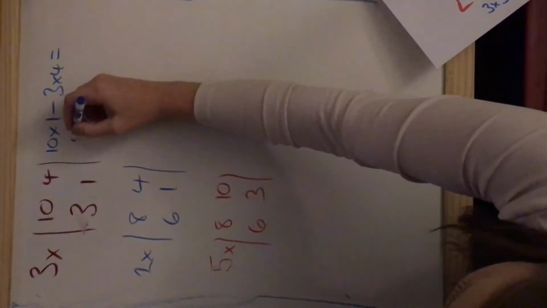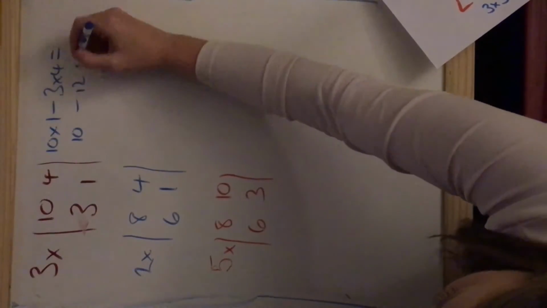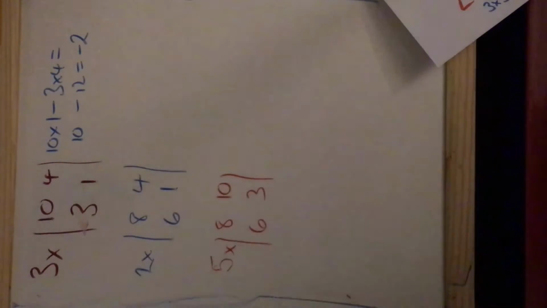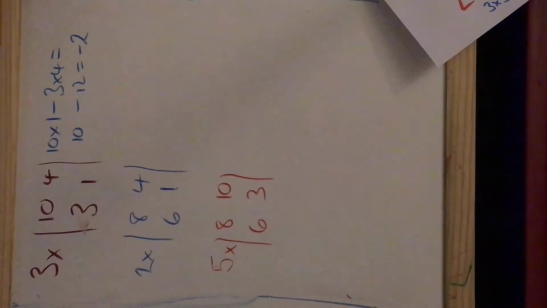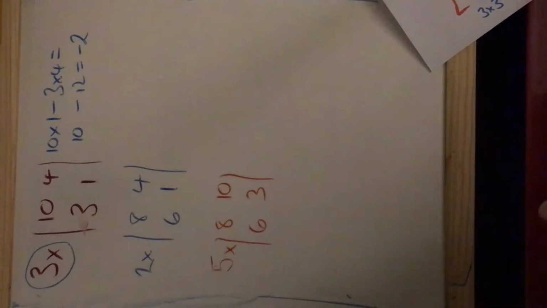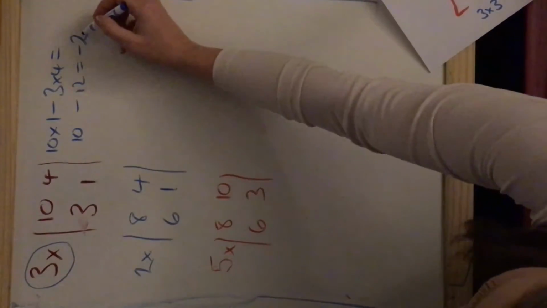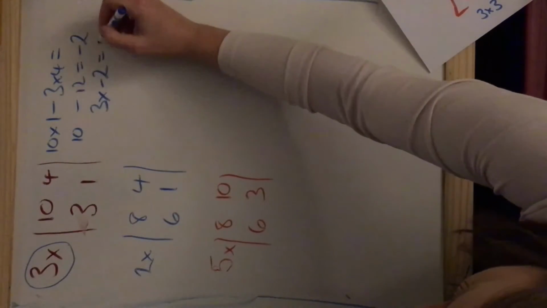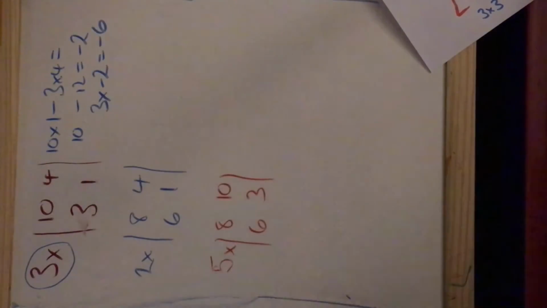So that then gives us 10 minus 12 gives us minus 2. What we then need to do is take this number here and we simply multiply our minus 2 by this. So that gives us minus 6.